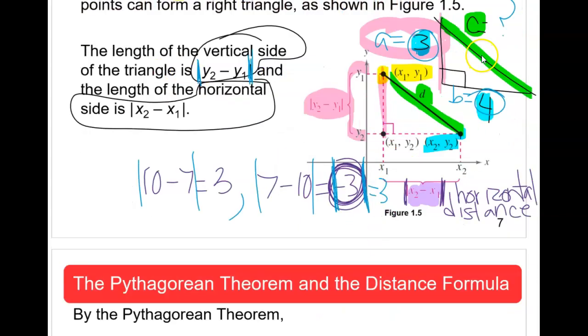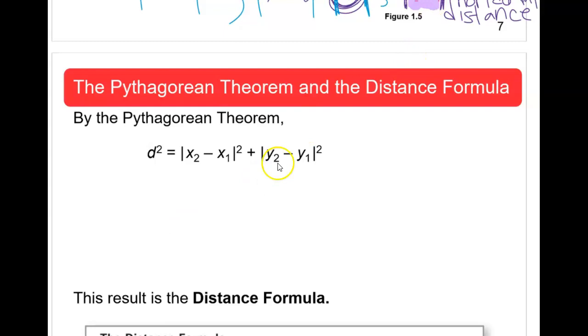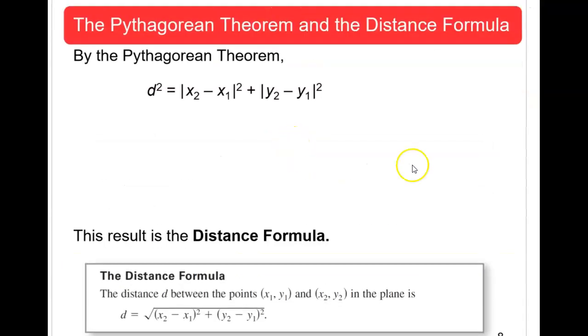So now let's go ahead and apply this, just to change the algebra a little bit. We're going to have d squared. Now, if we are squaring the positive difference, I can also replace it with parentheses, because anytime you square a difference of two numbers, you will always get a positive.